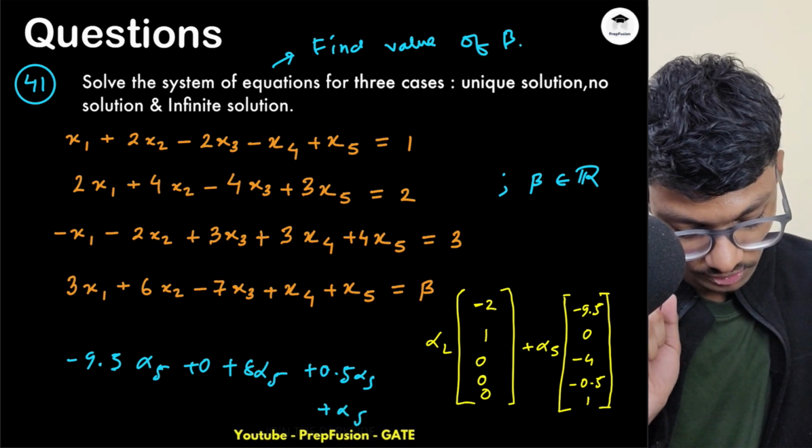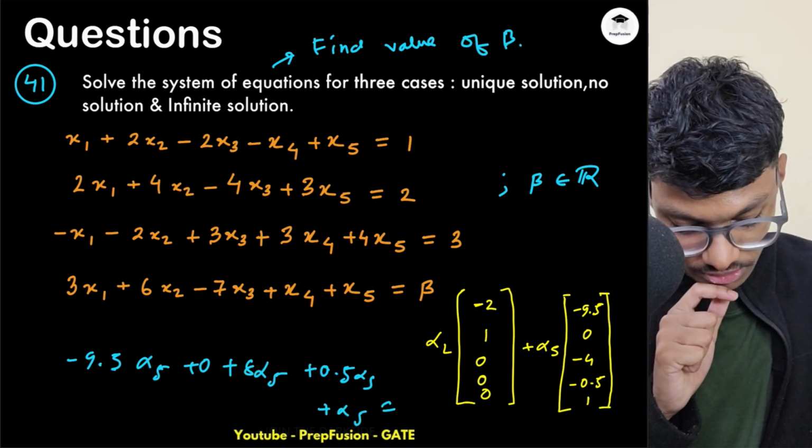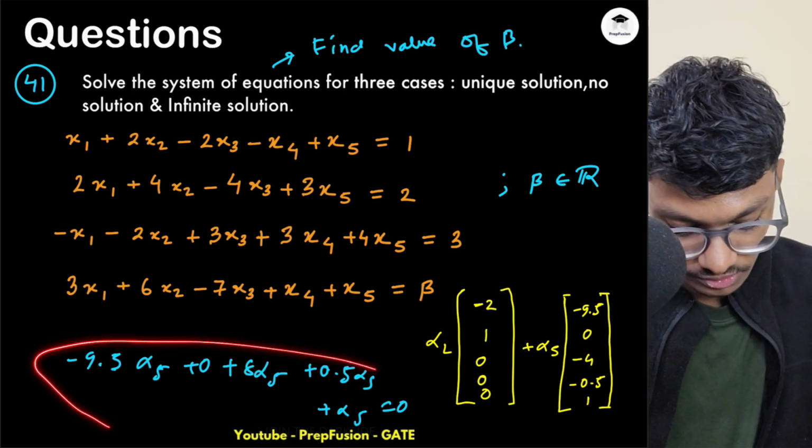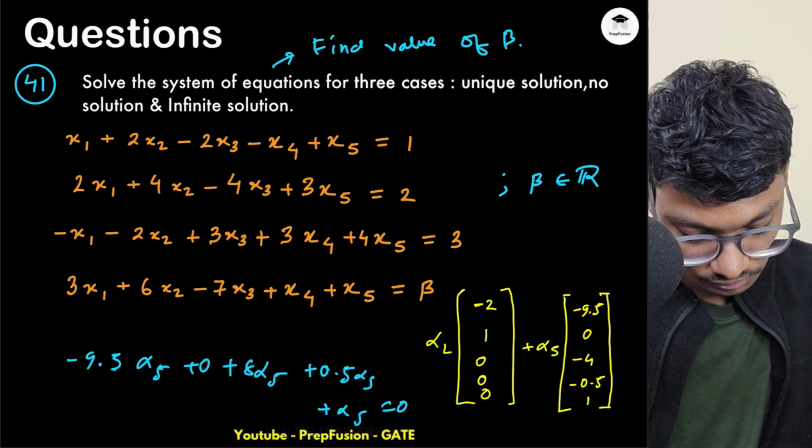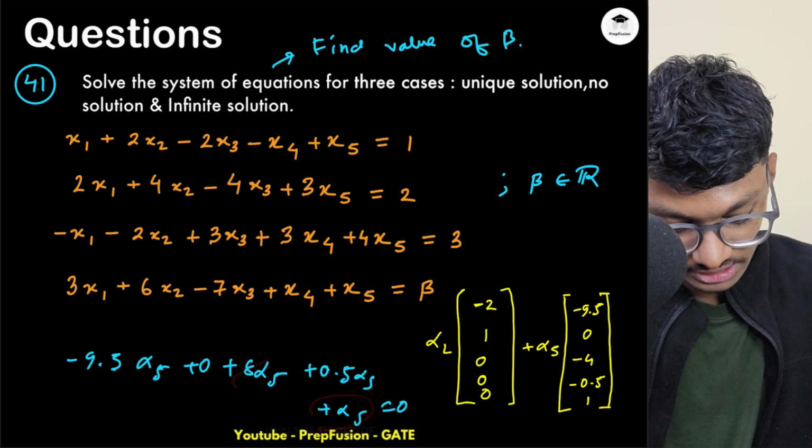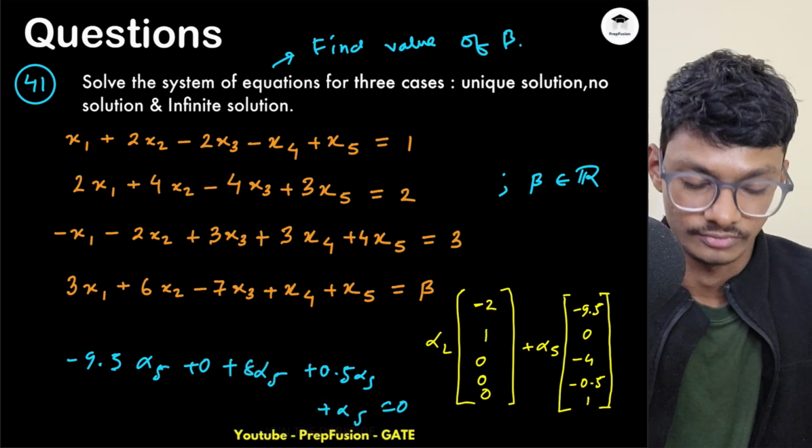Yes, we have done this correctly. This equals 0 itself. You can observe that these cancel each other out, so this is 9.5 alpha 5 and this is 12, so it equals 0.